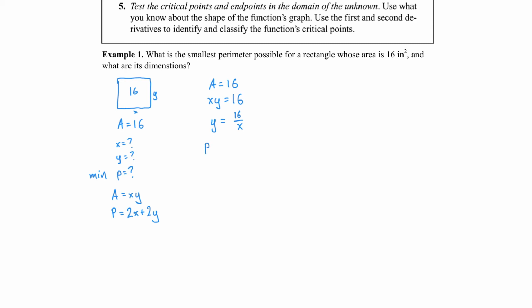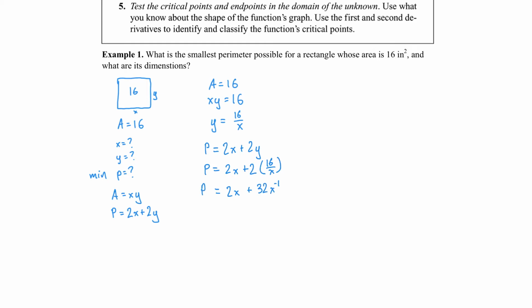Our perimeter equation, as currently stated, is the sum of 2x and 2y. And now we know y is equal to 16 over x. So the perimeter is equal to 2x plus 2 times 16 over x. Simplifying this, it is 2x plus 32 x to the minus 1.